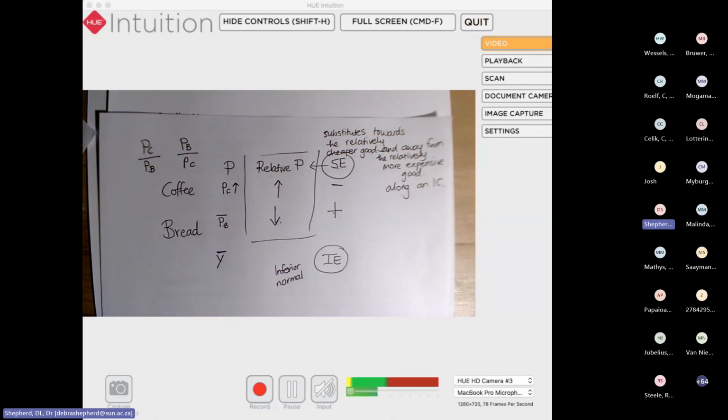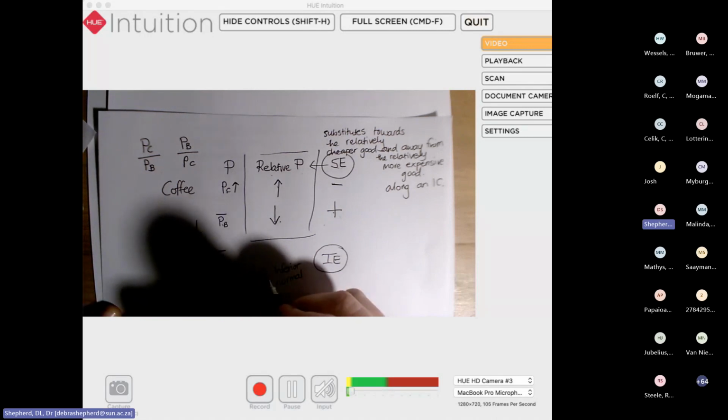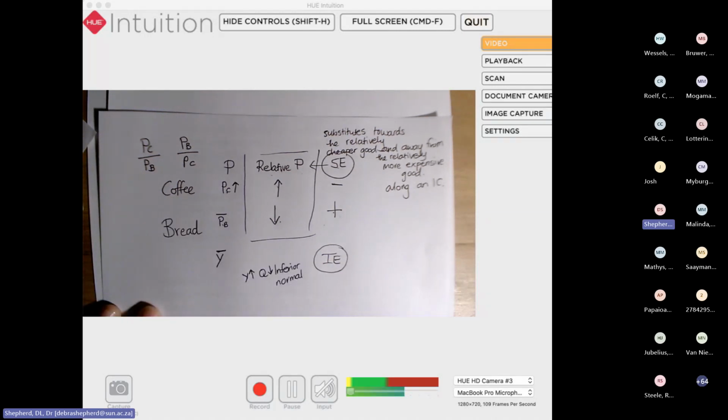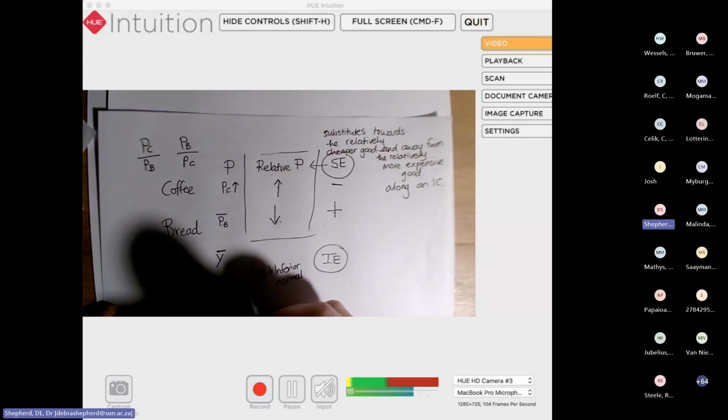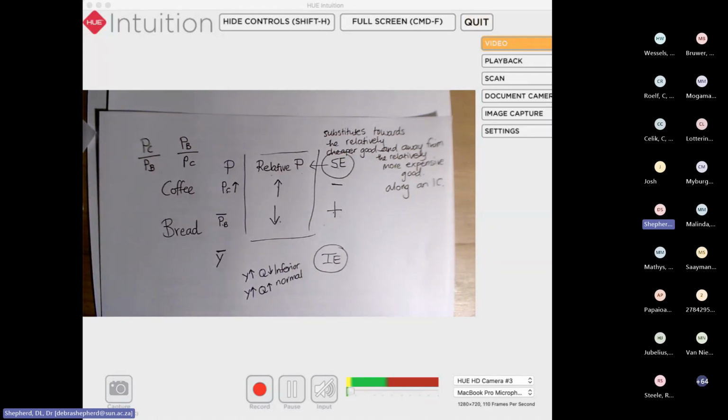Once you have more income, this thing is no longer good enough for you. It's inferior. It's only something that you consume when you don't have a lot of income. So an inferior good is if income goes up, the quantity you buy goes down. A normal good is if your income goes up, the quantity you buy goes up. Okay. So that's how we distinguish between the two.